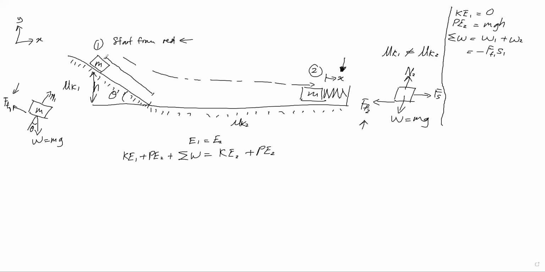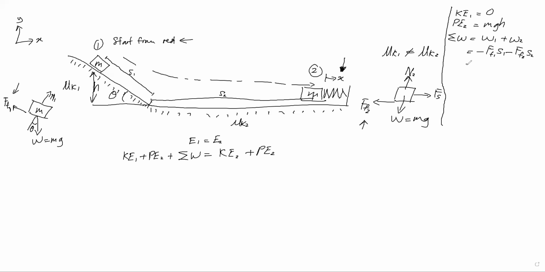We are looking at this point from here to here. Then from here all the way to when it stops, minus F2 S2. This one is S2 and this one is S1.